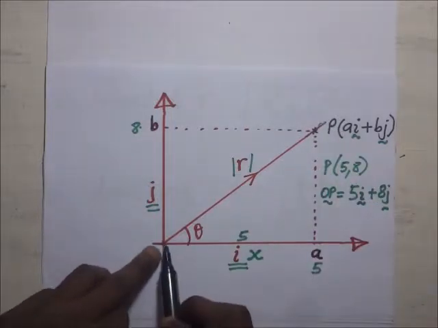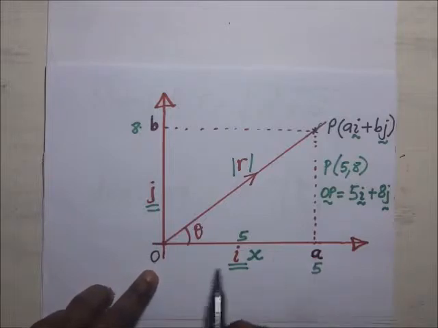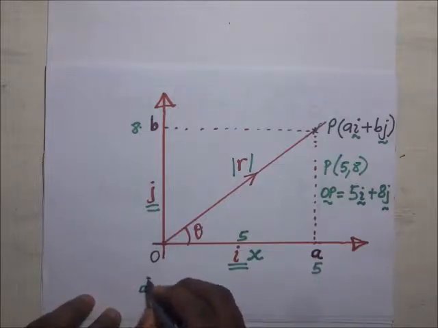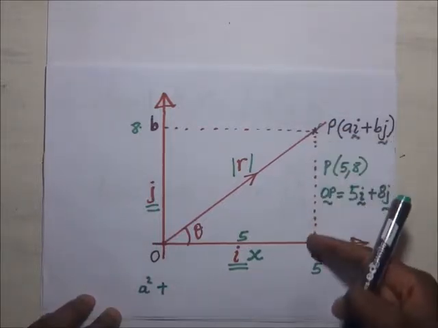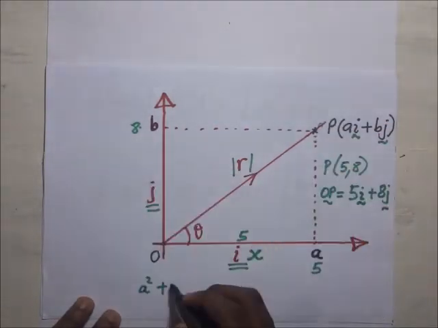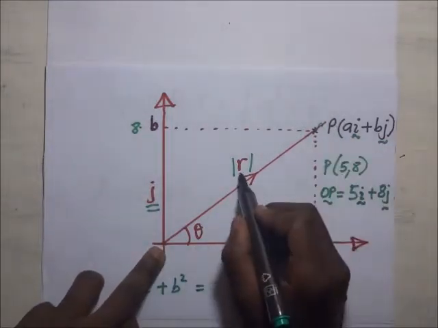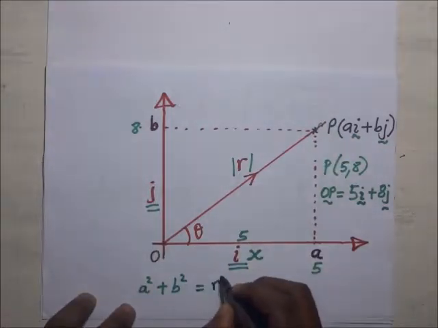This side is A, so it's A squared plus that line B squared, that's going to be C squared, and in this case C squared is R squared.